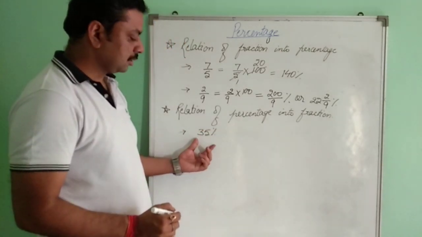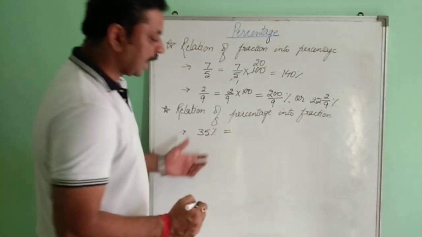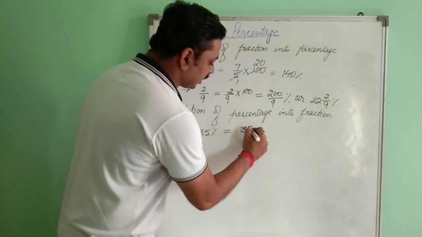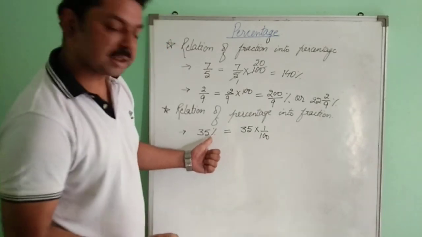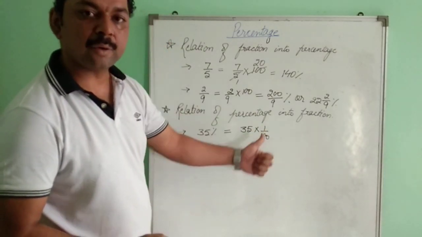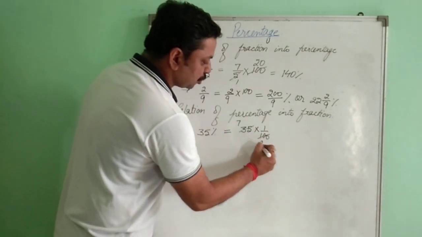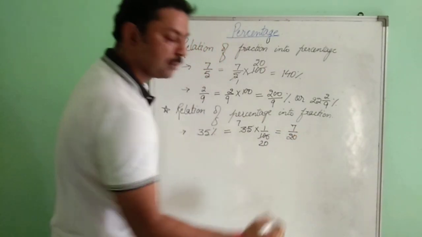This is the percentage value given to you, and you need to convert it into a fraction. So that is going to be 35 into 1 upon 100. Whenever you remove the percentage symbol, the value is always multiplied by 1/100. 7, 20, you will get your answer as 7 by 20.